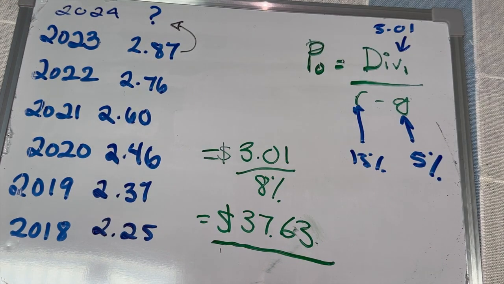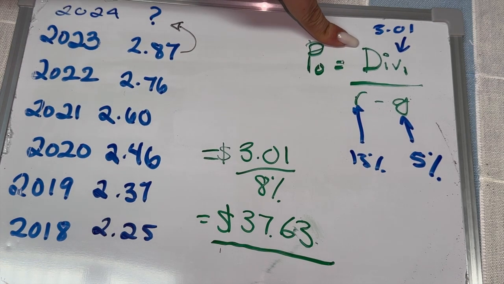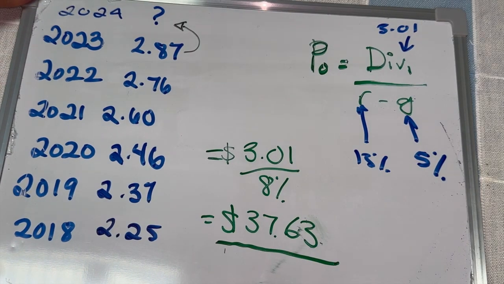So that should be the answer you would get for this problem. Again, if you have a constant growth, this is the constant growth model. It's the next dividend. If you're given dividends, you always have to calculate the expected, the next one. How do we calculate the next one? We need the growth rate to multiply this by the growth rate to get the next dividend. How do I get the growth rate?